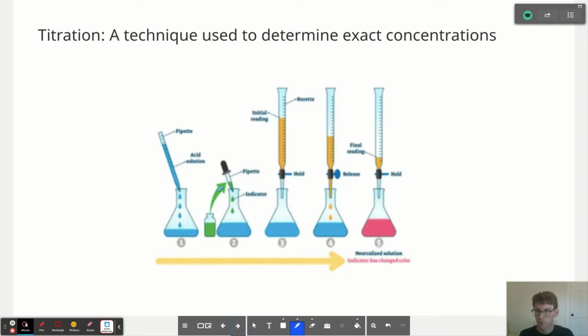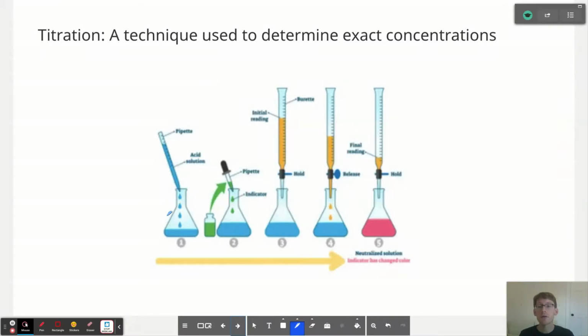So what we can do is use titration to determine exact concentrations of an unknown. And I'll get to how you select the right indicator in just a minute. But for a titration, you can take, for example, an acid, where you use a pipette to tell exactly how much acid you're putting into a flask.